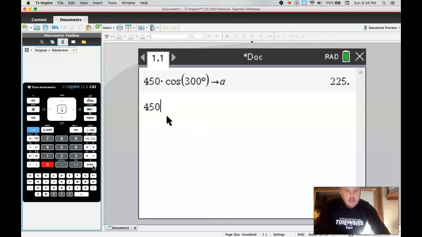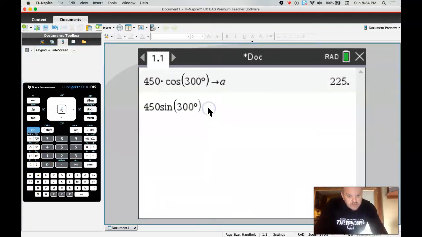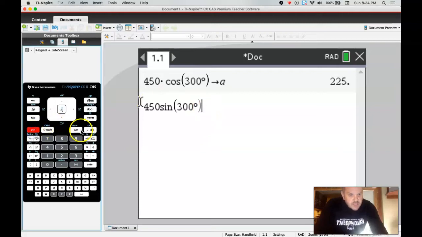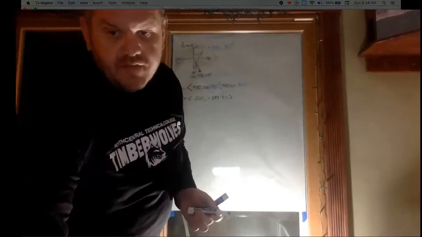And 450 times the sine of 300 degrees, I'm going to store this as my B. That's going to give me negative 389.711. Now, let me switch back off of that.